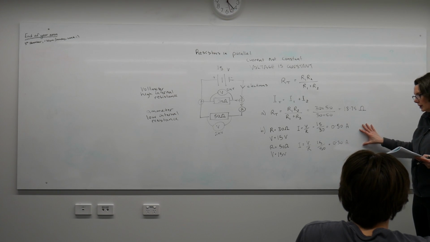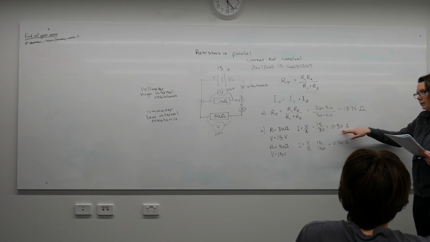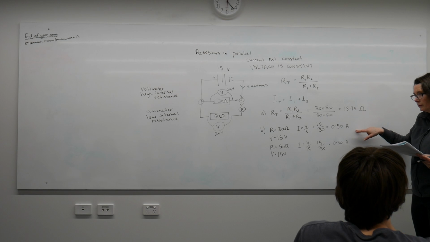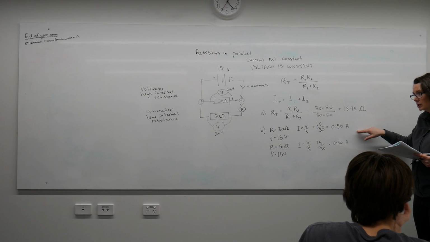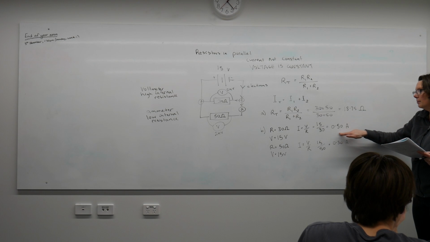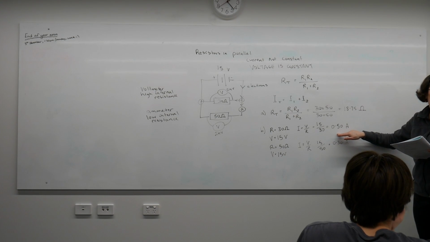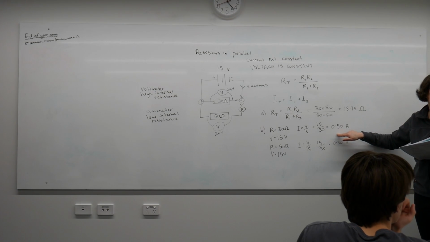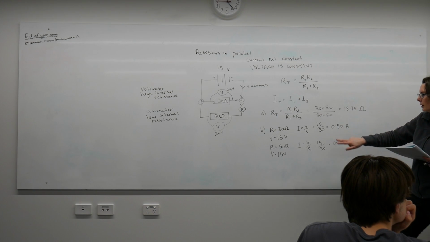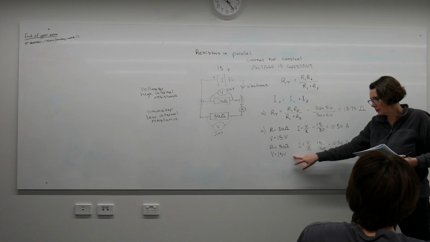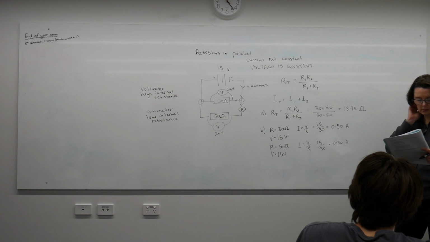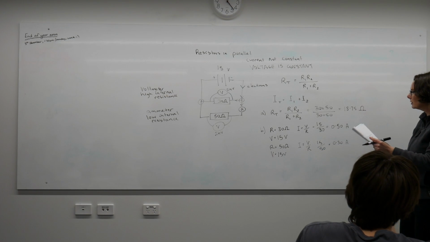Also notice that if the current is the measure of how fast the electrons are flowing through the resistors, it makes sense that they can go faster through the lower resistor. So it's faster through the 30 ohm and slower through the 50 ohm because there's more resistance, they have to go slower.